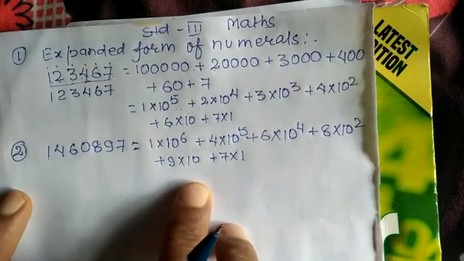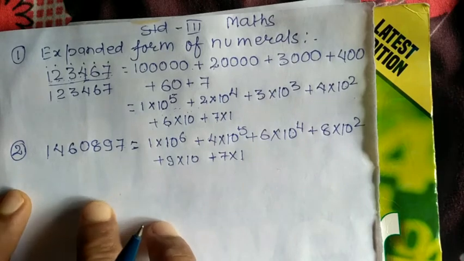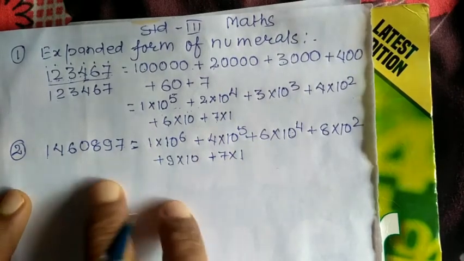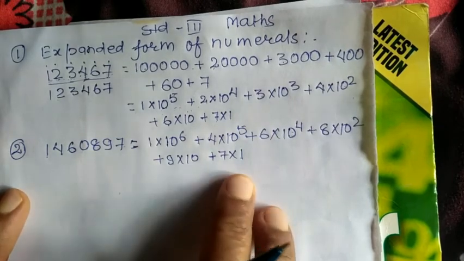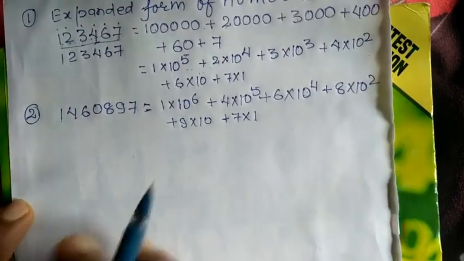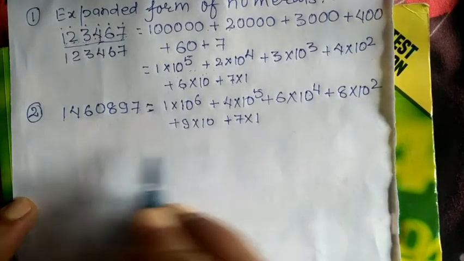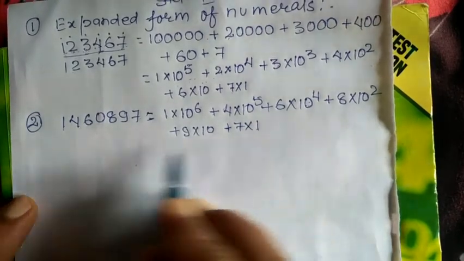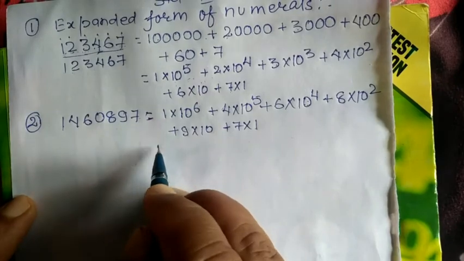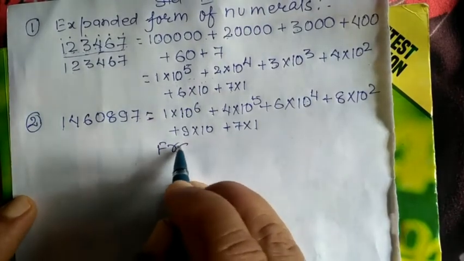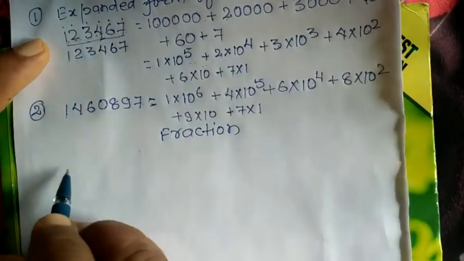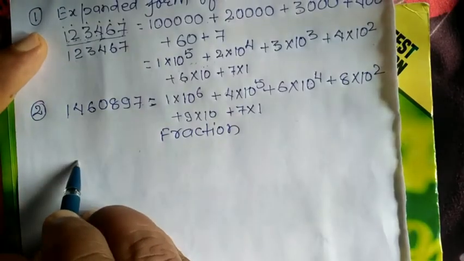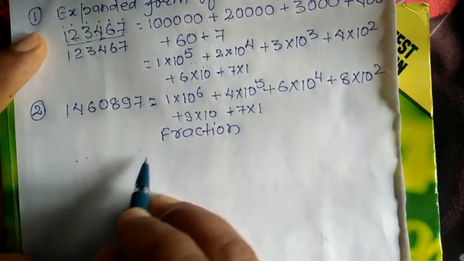So whatever the question you will have to solve in the future, you can do it very easily through this way only. Correct? Now see, at present I will give you a good concept about the fraction. A fraction is formed by numerator and denominator.